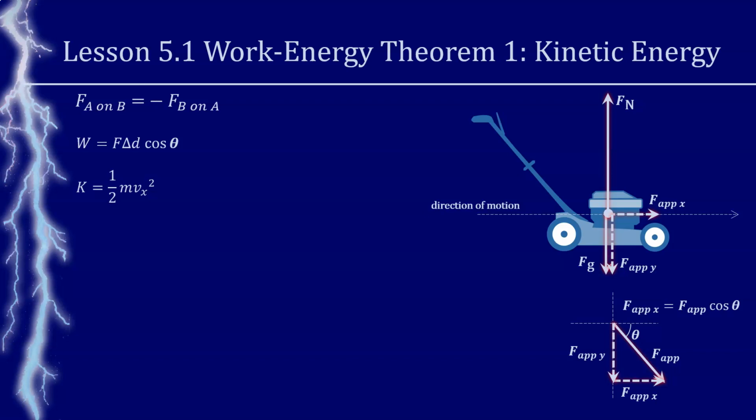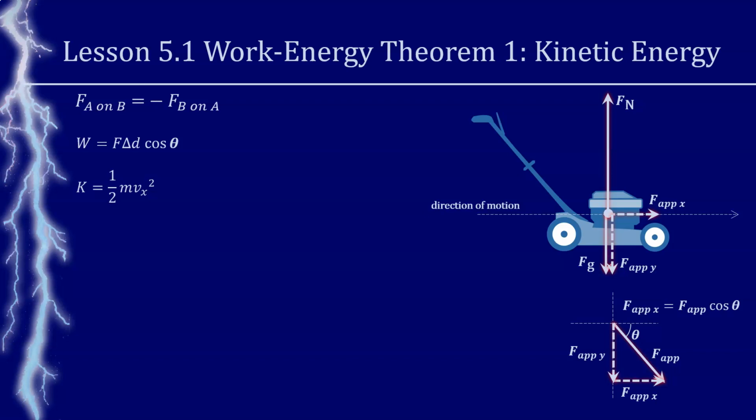This cosine of theta is really multifunctional. So I can use this if I have forces at an angle to find the amount of force that's in the direction of the work, or if I have a force that's in the opposite direction as motion, technically that's a 180 degree force, and the cosine of a 180 degree force is -1. Also, what if I have a force that's perpendicular to motion?